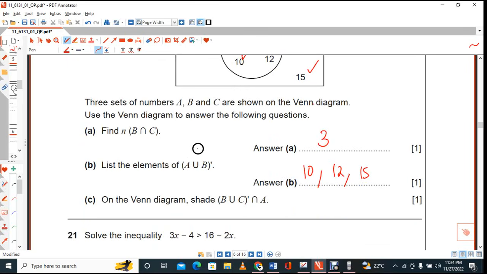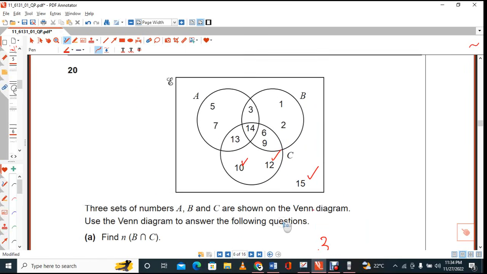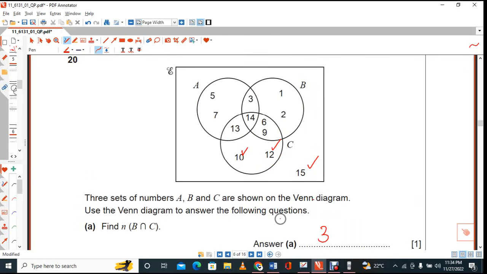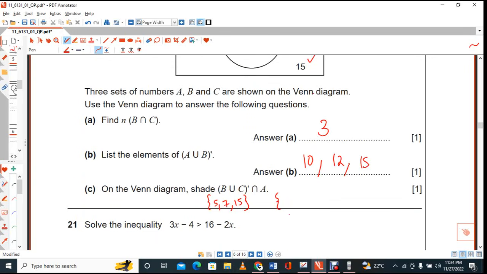So I'm going to write them down here: 5, 7, and 15. And I'm going to write the elements of set A also. Set A is 3, 5, 7, 13, and 14.